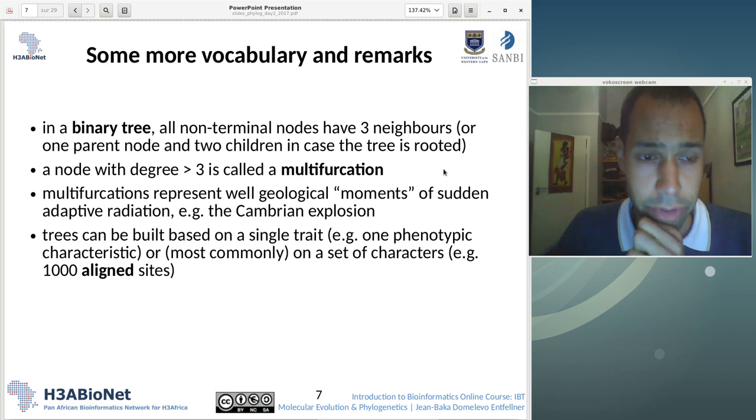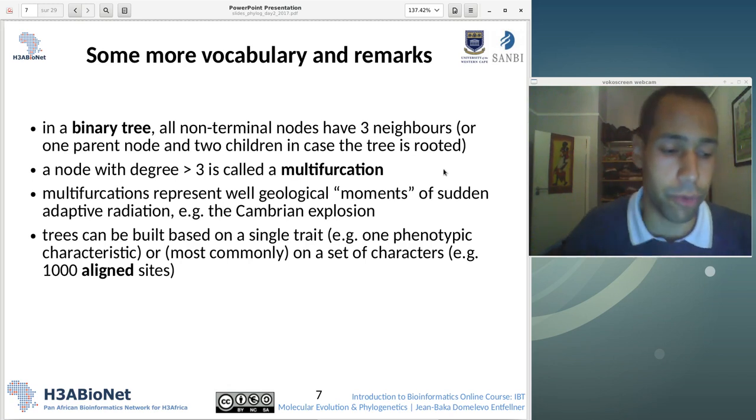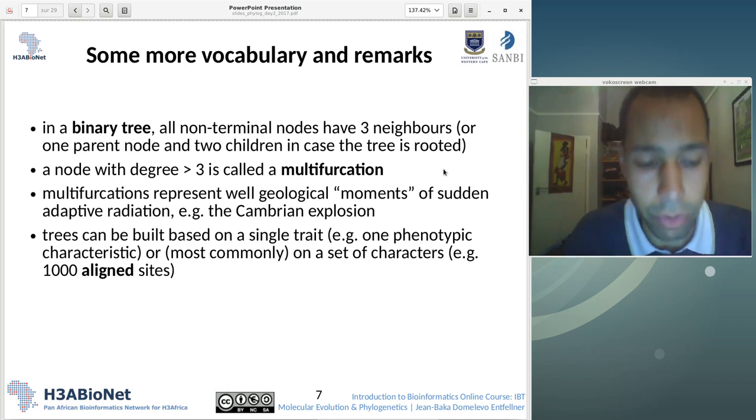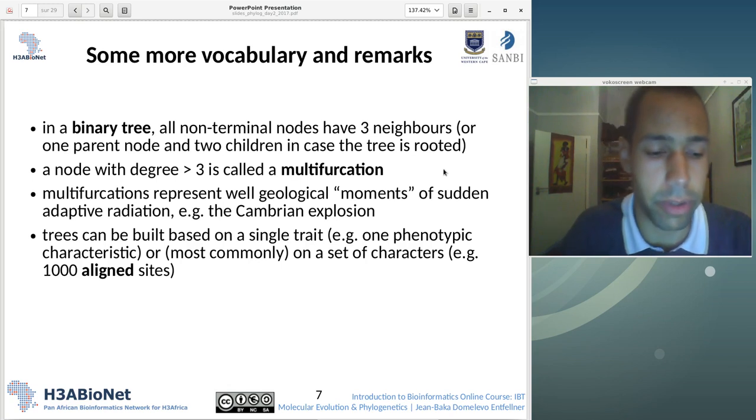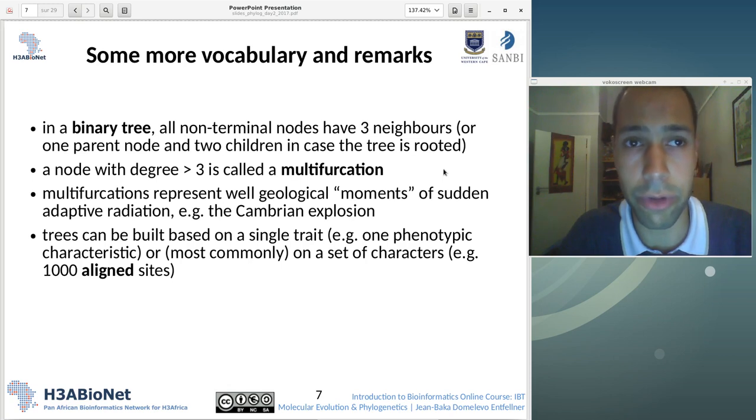In a binary tree, most often we try to have binary trees, or we deal with binary trees because these binary trees are what is the most common product from the phylogenetic inference methods and software. So in a binary tree, all non-terminal nodes have three neighbors.